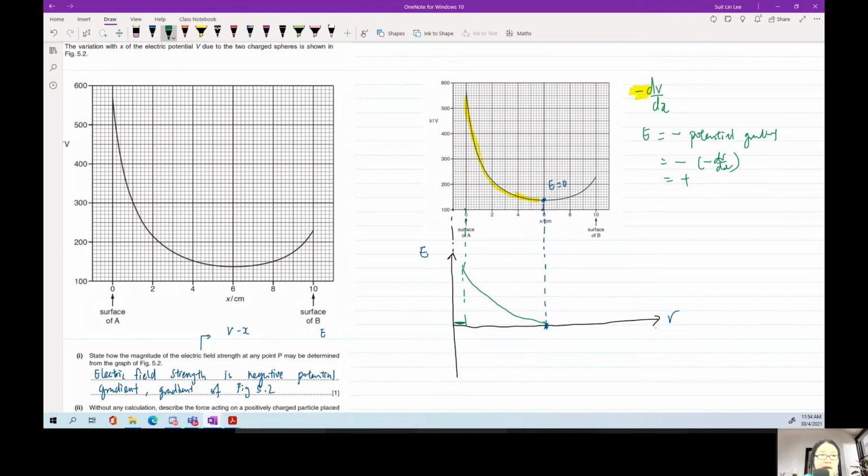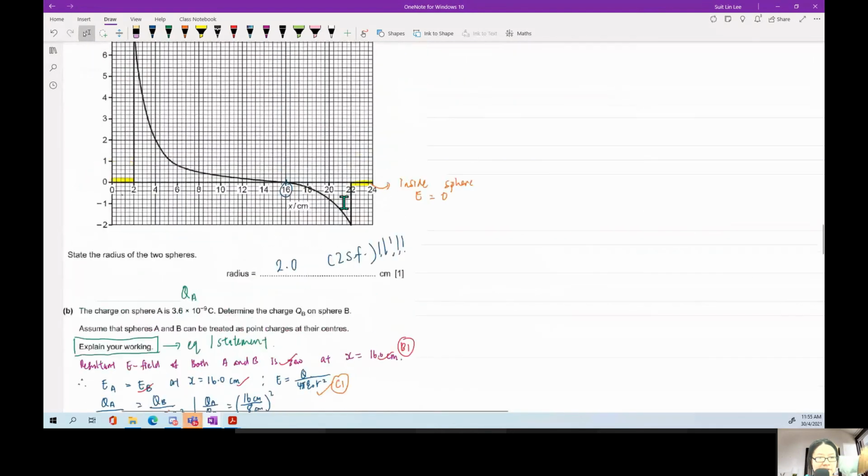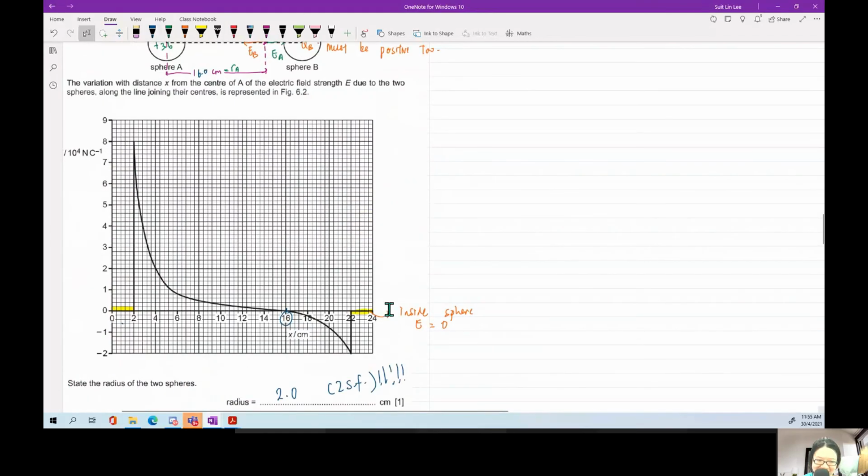And then this part here is positive gradient, which means negative E. So this part is negative E. Ding, ding, ding, ding. Of course, inside here is 0 lah. It looks a lot like this one, my friend. There. It's the same graph.